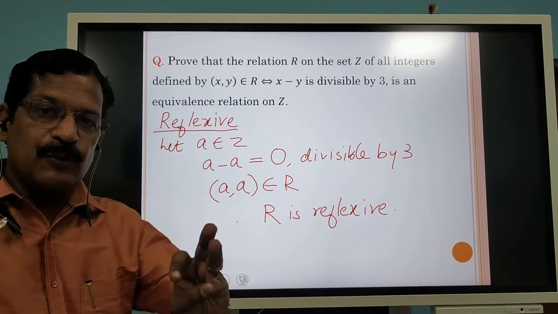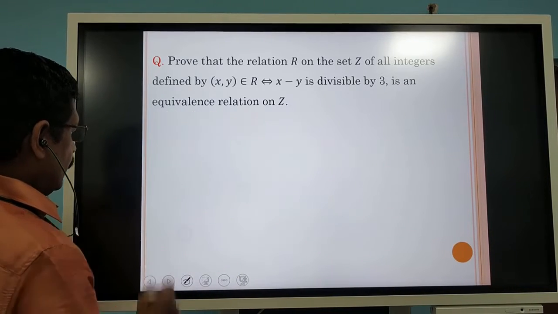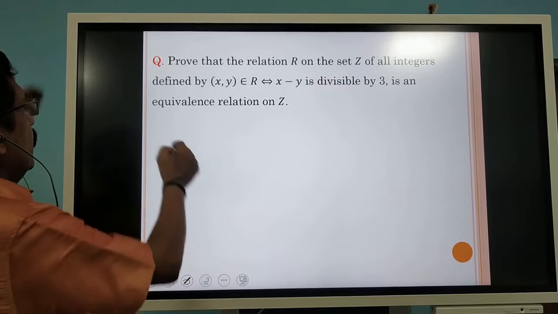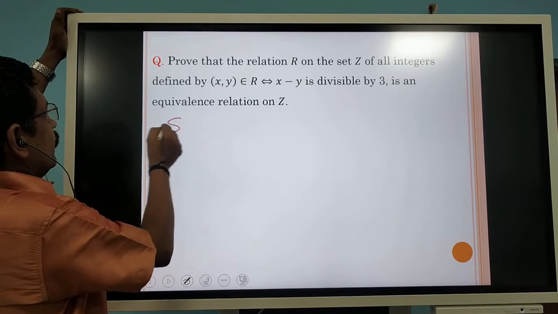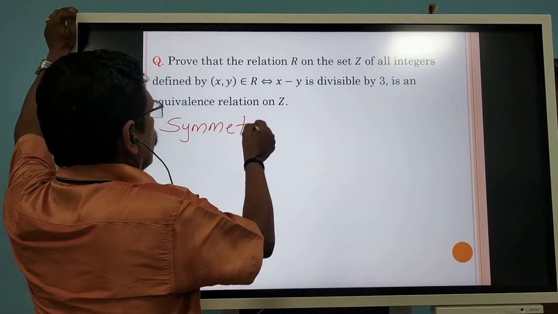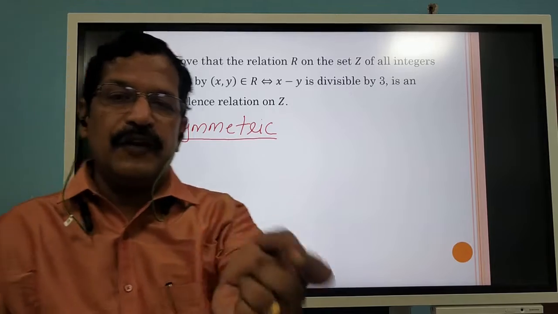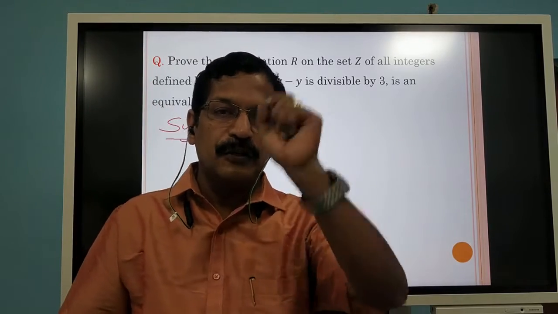Now, we have to prove it is symmetric. Now, I have to check the symmetricity case. Symmetric means that if a is related to b, then b should be related to a.